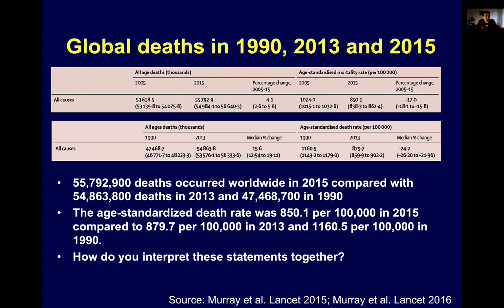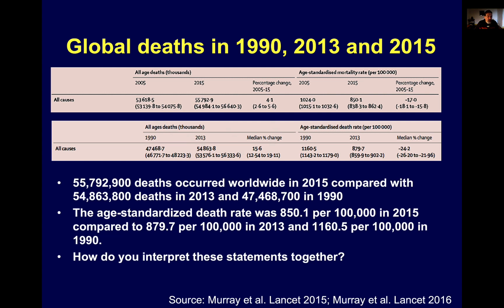So looking globally now, this slide compares the number of deaths estimated to have occurred globally in 2005 and 2015. So about 53 million deaths in 2005 compared to 55 million in 2015, about a 4.1% increase over that 10-year period in the absolute number of deaths.